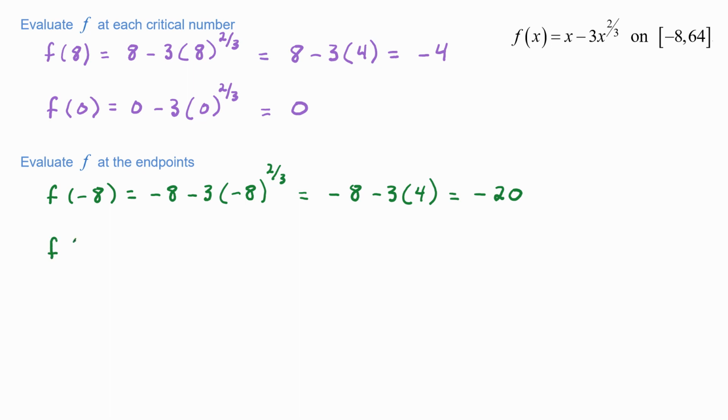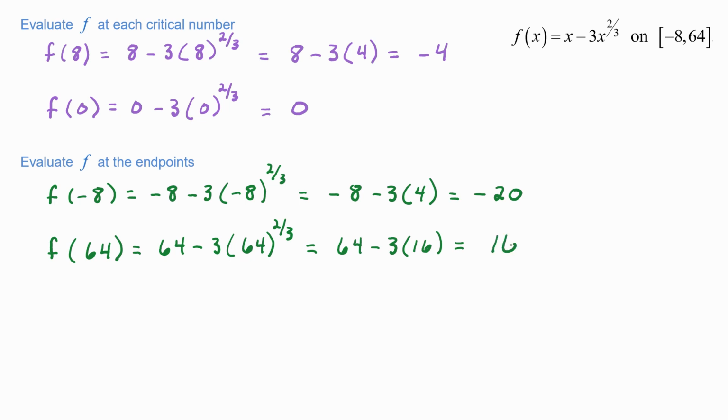And then f of the other endpoint, which is 64, is going to be 64 minus 3 times 64 to the 2/3, which is going to equal 64 minus 3 times the cube root of 64 is 4, and then 4 squared is 16. So we have 64 minus 48, which is 16.